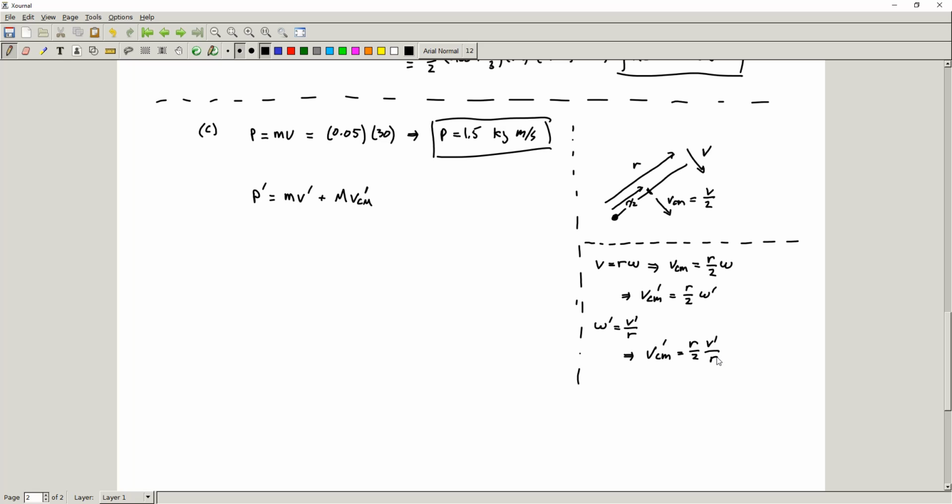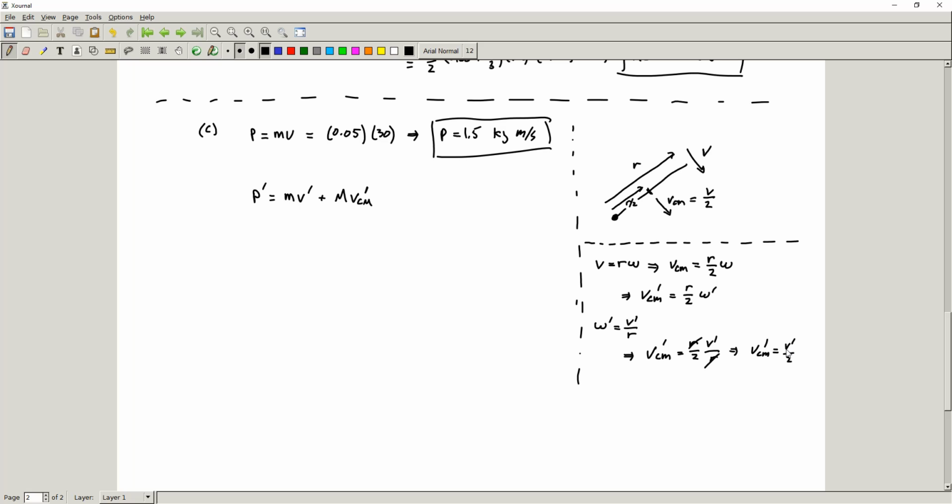And so we can cancel out these r's, and we end up finding that VCM prime is equal to v prime over 2, okay? And that's exactly what we're looking for here. We just want to write down our VCM in terms of v, because we already have our velocity in this first term here, right? So let's make that substitution.